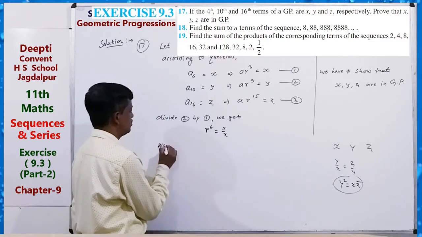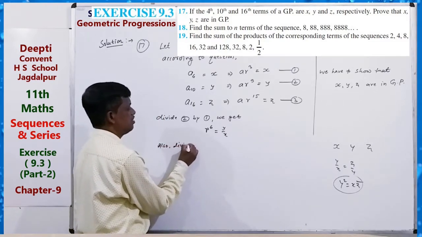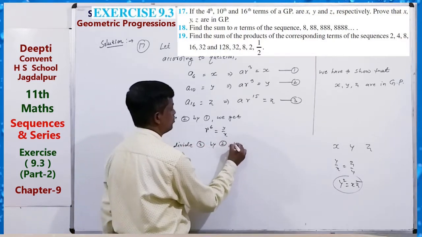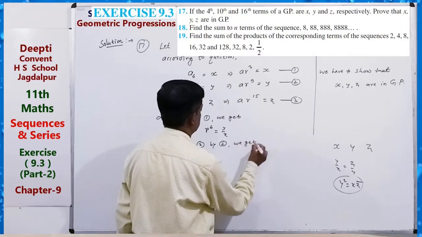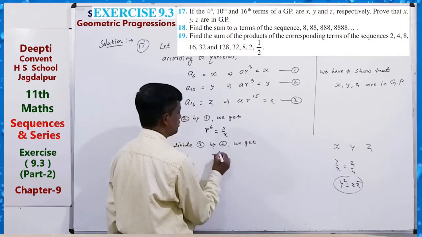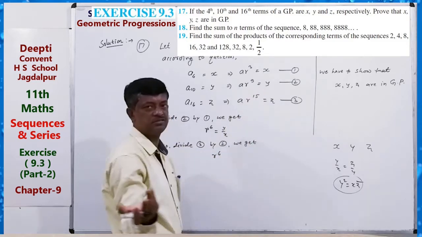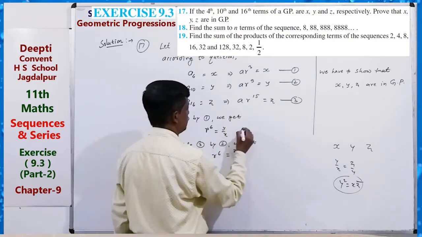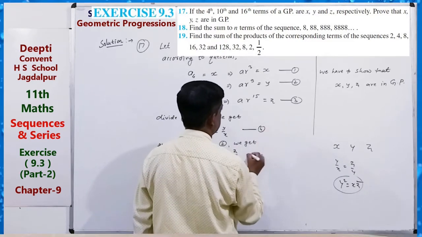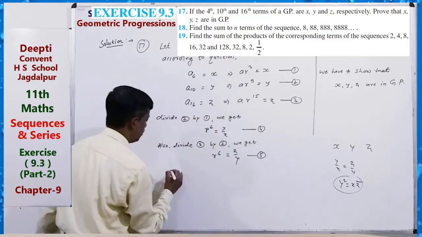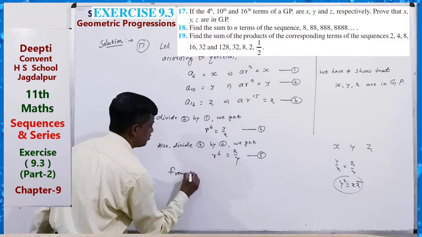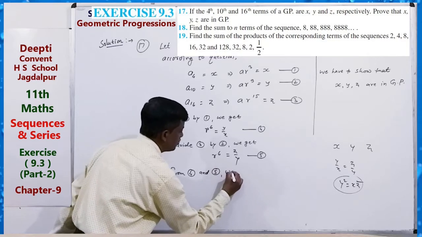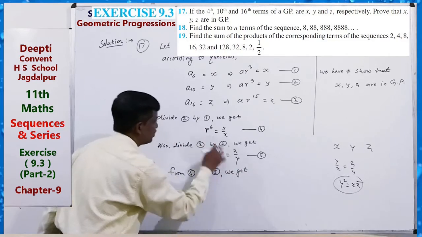Also divide 3 by 2. We get r to the power 6, because 15 minus 9 is 6, equals Z by Y. From equations 4 and 5 we get that both are equal.